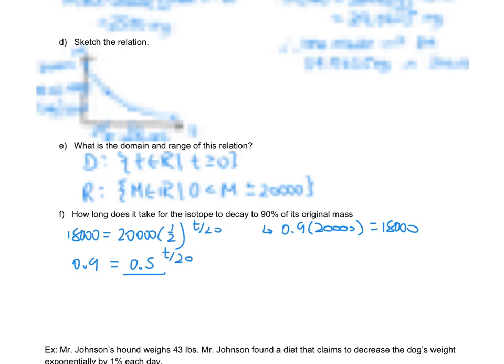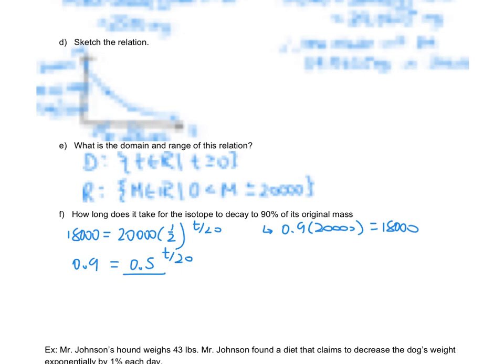So for example, maybe I'll try 0.5 to the power of 2. That gives me 0.25. 0.5 to the power of 5, 0.03125. So going higher isn't helping me with anything. So I actually need to go a little lower. So 0.5 to the power of 0.5, that's 0.7. 0.5 to the power of 0.4, that's still the same thing.